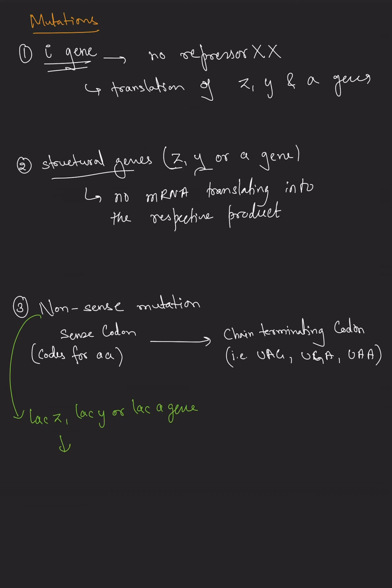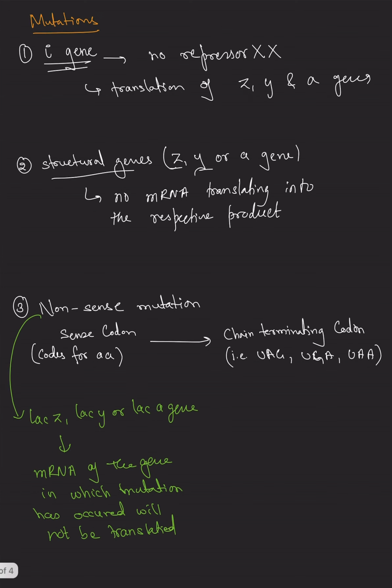Then of course the mRNA of the gene in which the mutation has occurred will not be translated. So there will be no formation of the protein for that particular gene.